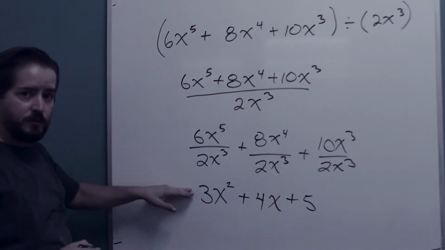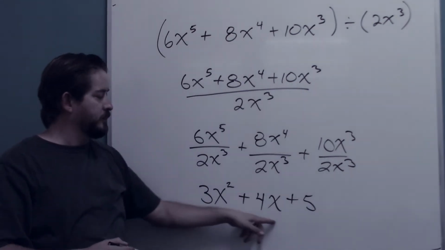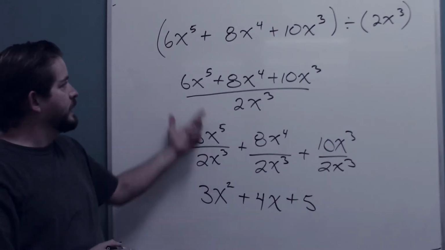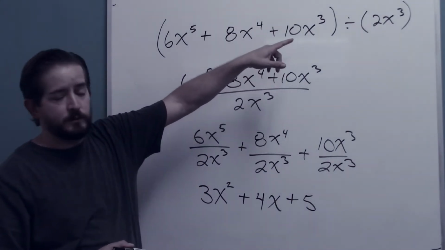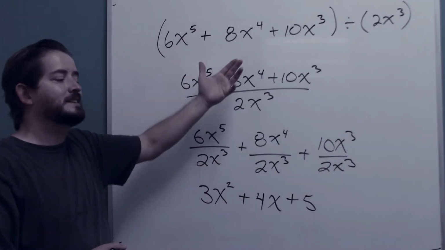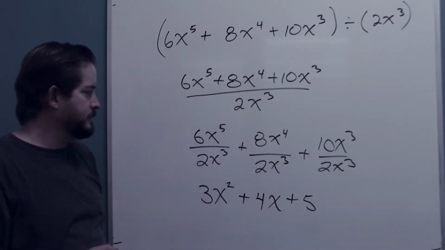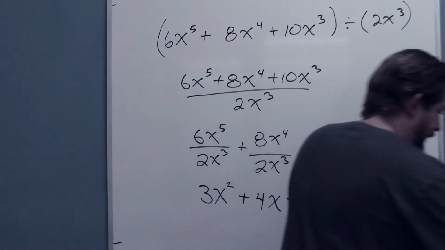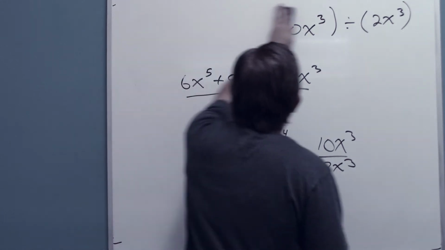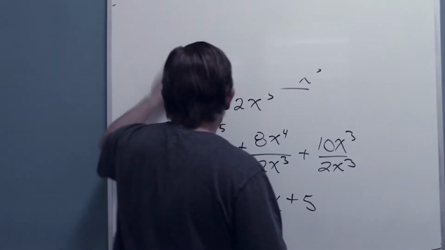And so the result of the division is 3x squared plus 4x plus 5. Which means that, since all of these are divisible by 2x to the 3rd, I could factor that out from here. And that's essentially where we're going with this. Let's take a look at another one.